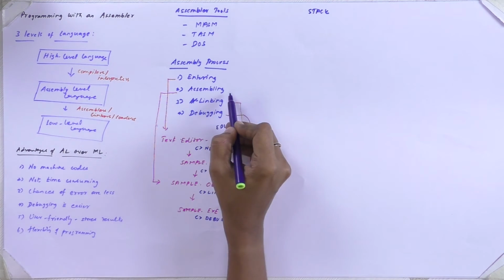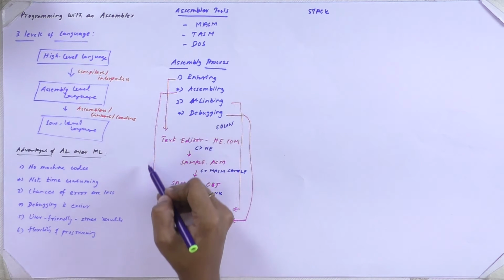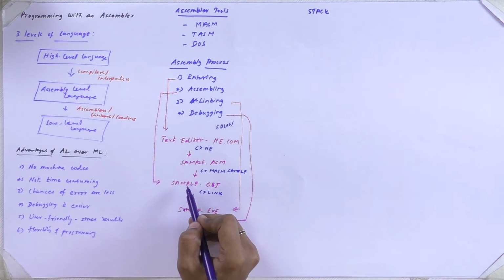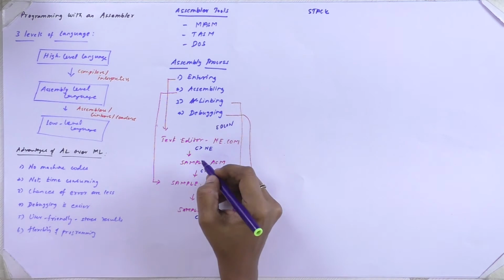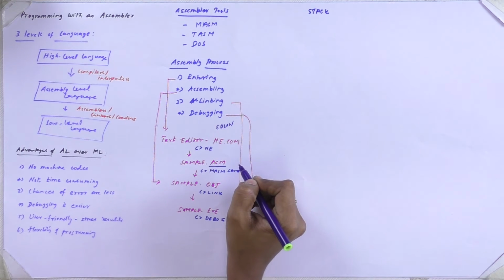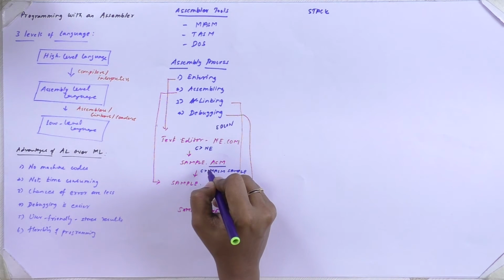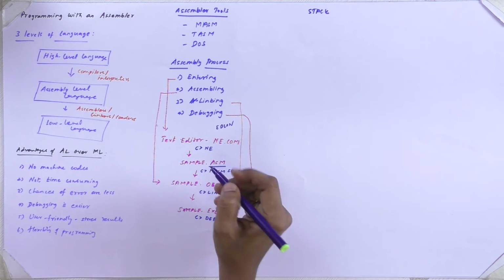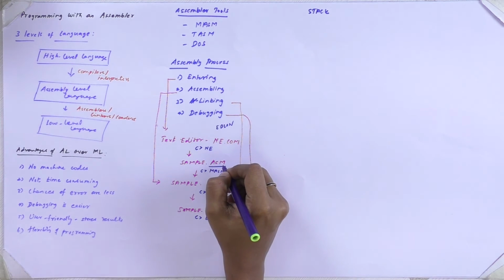Next is the process of assembling. Whatever program you give to this process, it takes the file name with an extension .asm. If the file name does not contain this .asm extension, then the file won't be considered for the assembly process.